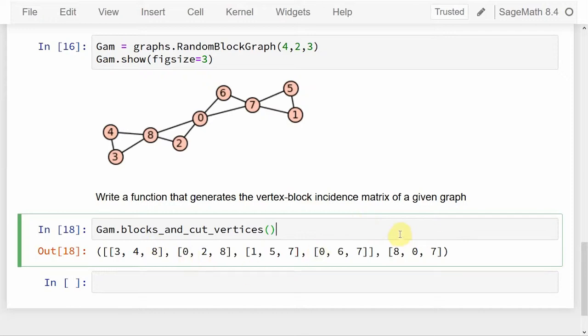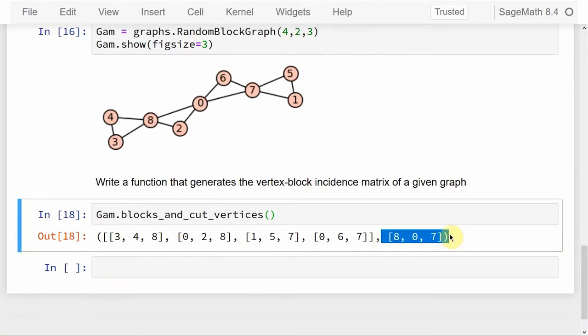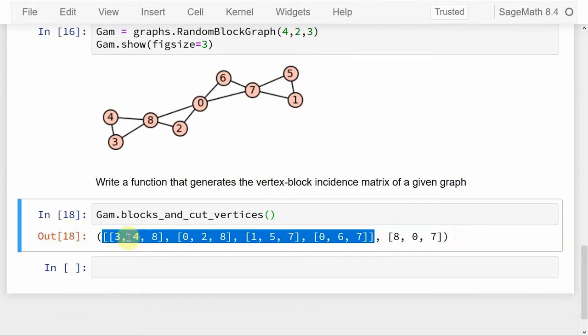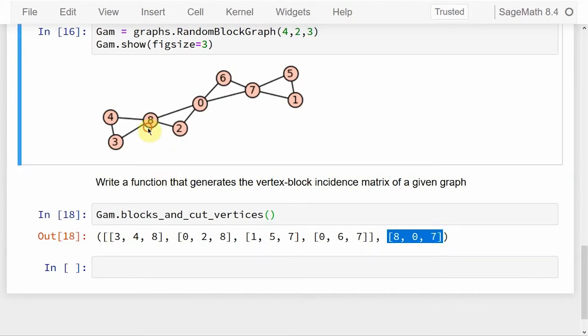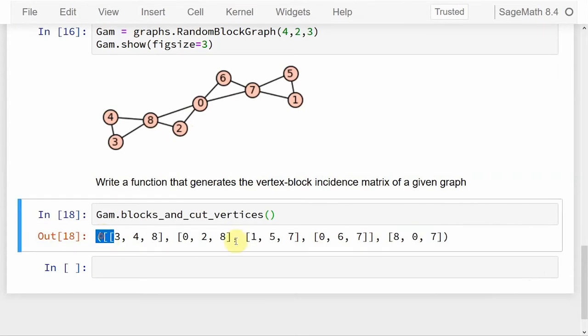This gives you the list of blocks and cut vertices. The first one is a list of lists, each giving the vertices in that block, and the second component is a list of the cut vertices, here 8, 0 and 7. This is the information you need. So using this, write a function. Is it clear?